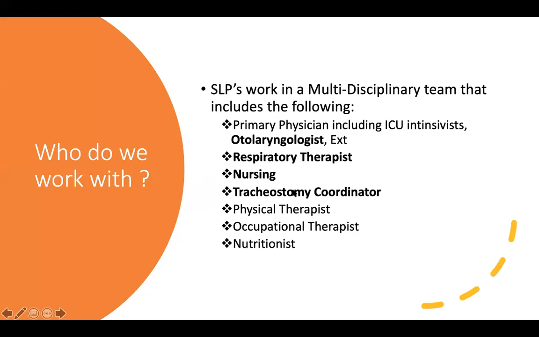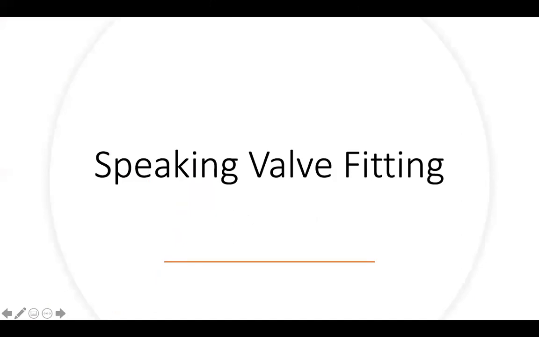They will change trachs, decide if the patient needs it or not, and decide if the patient is ready for decannulation or not. And of course, physical therapist, occupational therapist, and nutritionist. You guys know what all of these do. So we'll move on.